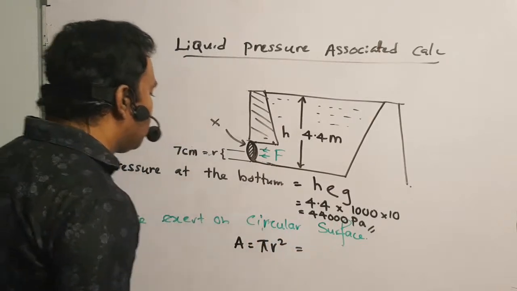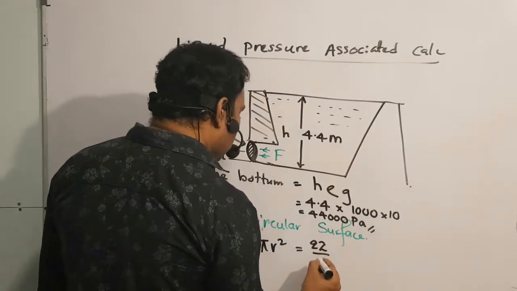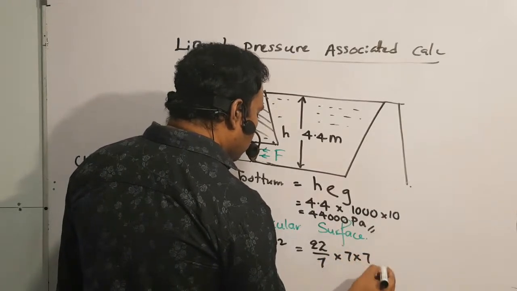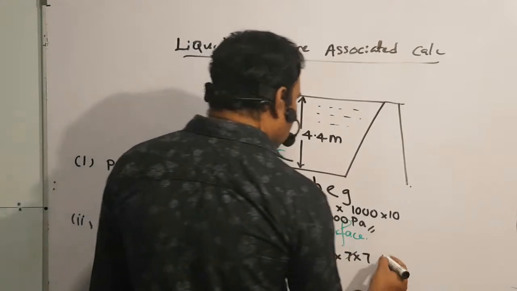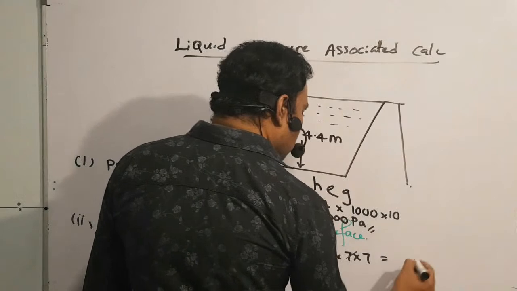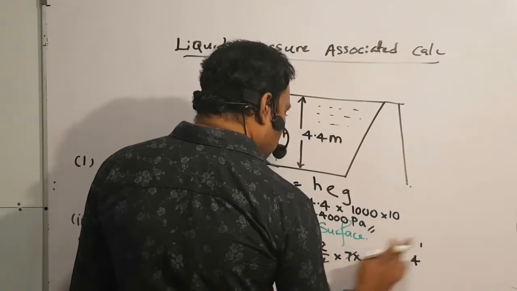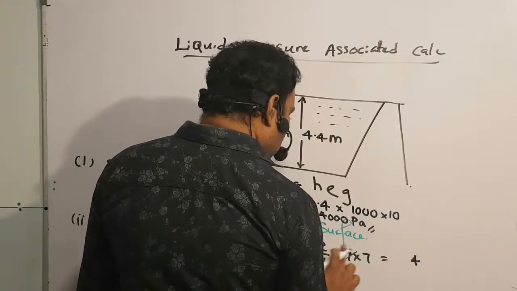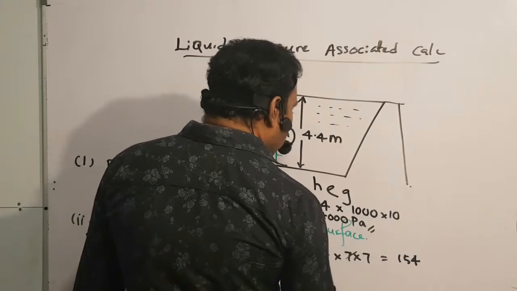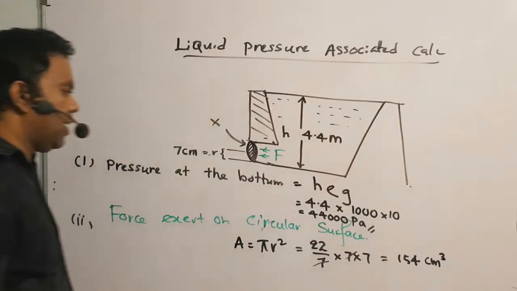So that equals 22 upon 7 into 7 into 7. You end up with 154 square centimeters. So that's the area.